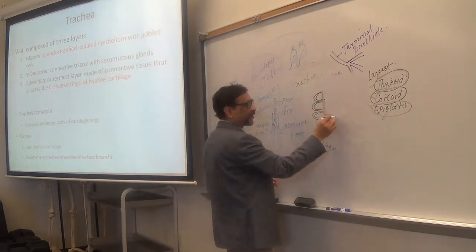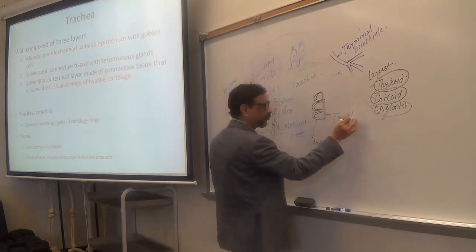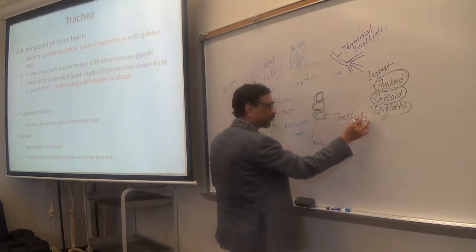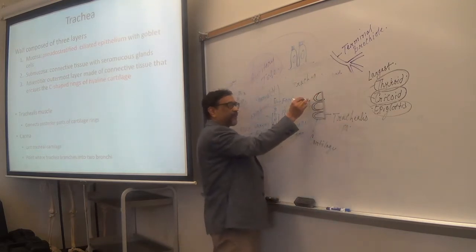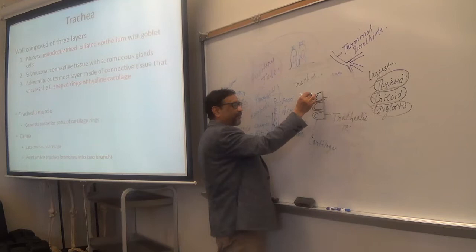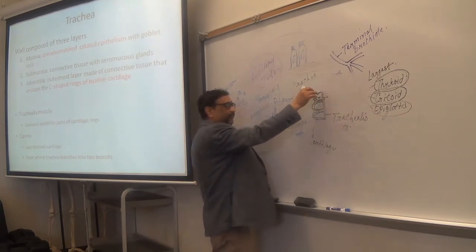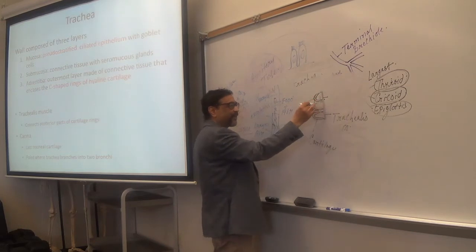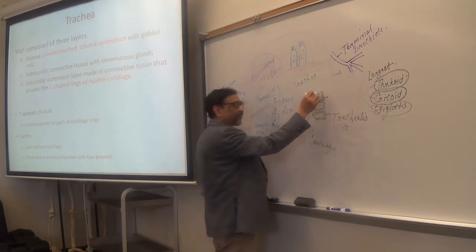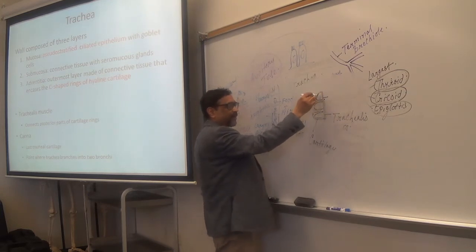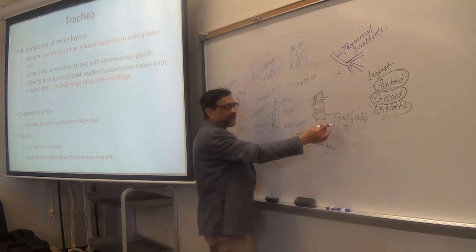This is the trachealis muscle, which is a smooth muscle, okay? So this is the front, this is the back of the trachea. Okay. So this is the tube. Many C-shaped cartilages together form the cartilaginous part, and in the back you have the flat trachealis.